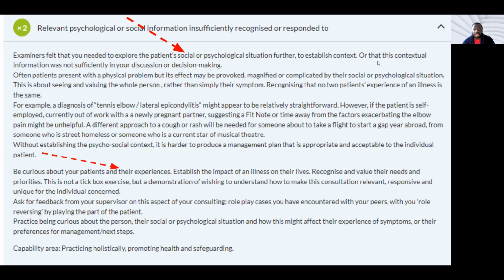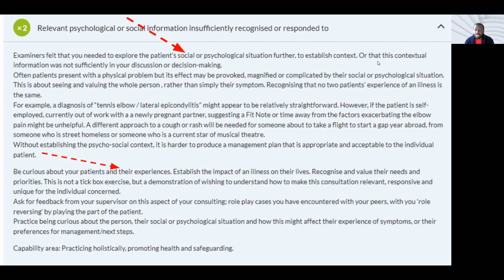So in the exam, you'll find several cases where patients will come to you with several problems, and you need to establish relevant social or psychological situations and impacts, for you to really understand why this patient is worried and how this symptom or problem could be affecting them.